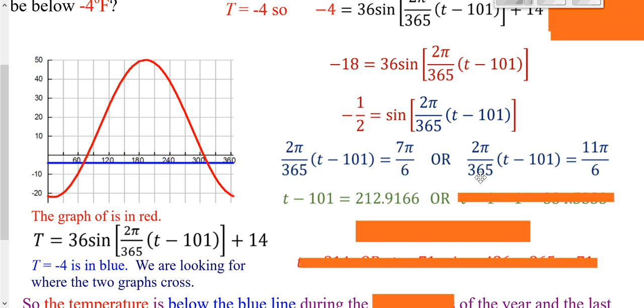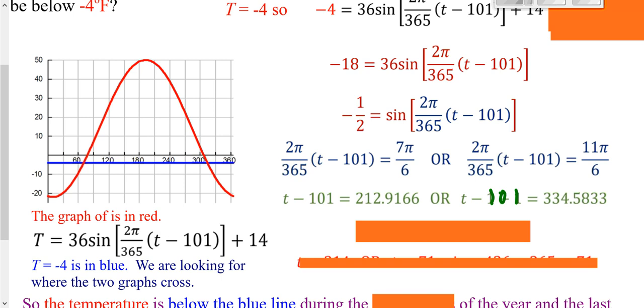Same idea over here for this one. I've got to multiply this by 365 and divide it by 2 pi. And I would get this. Now, I got a typo here. This is supposed to be 101, not 1 minus 1.